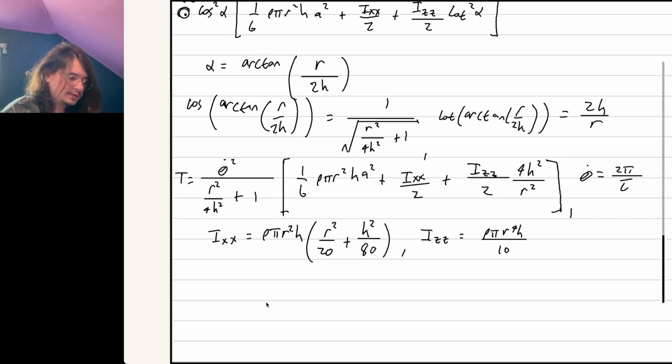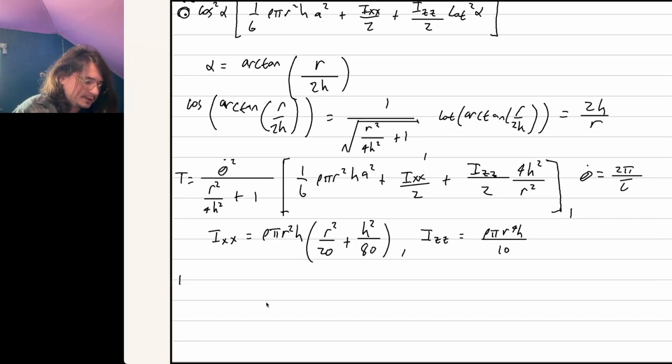Plugging all of that in and also simplifying the prefactor by multiplying top and bottom by 4h squared. So it's 4h squared times 4 pi squared over tau times r squared plus 4h squared.